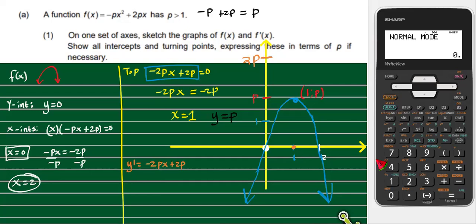Then we can bring an orange line to pass through that. Let's just make sure it passes through those 2 points. So it's going to be like that. All right, so this is f prime of x, the derivative thereof.